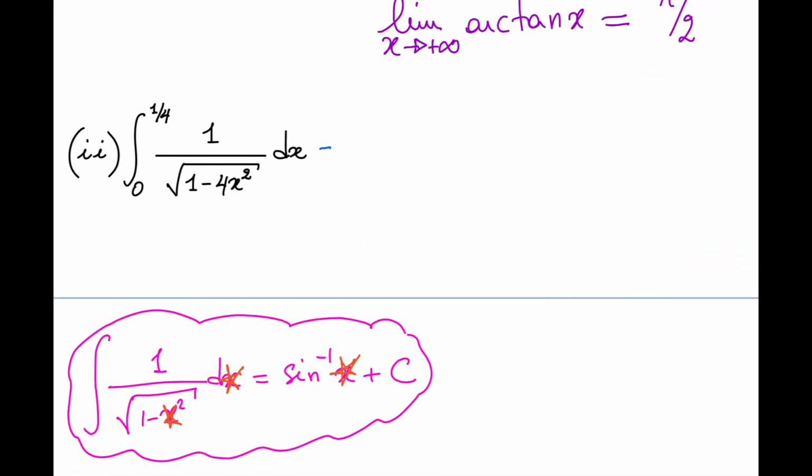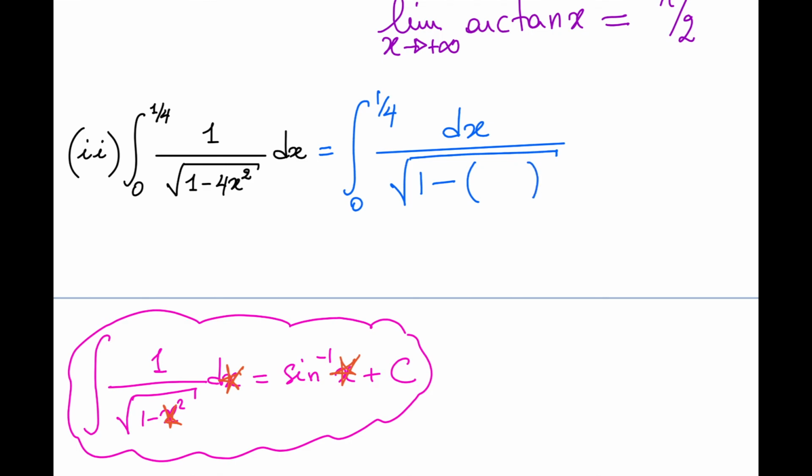How about writing this as the definite integral from 0 to 1/4 dx divided by square root of 1 minus the square of 2x. Okay, how about writing it this way? Well, that highlights what star should be. Star should be 2x, correct?